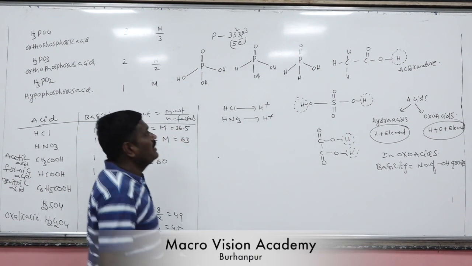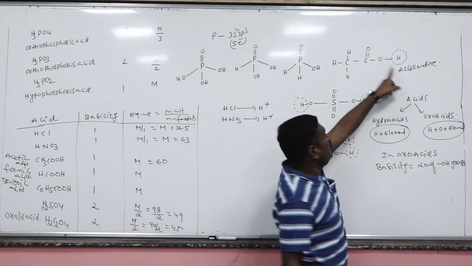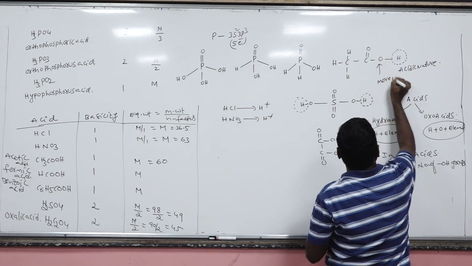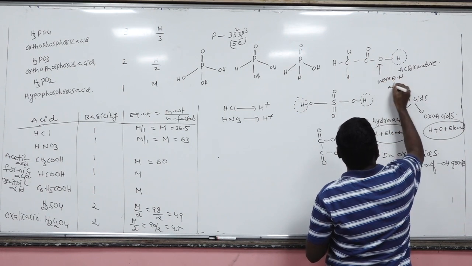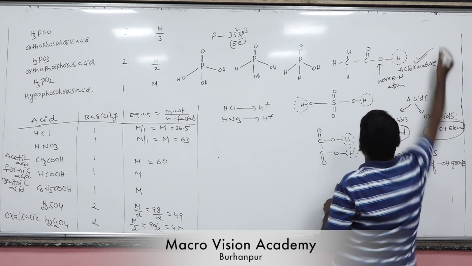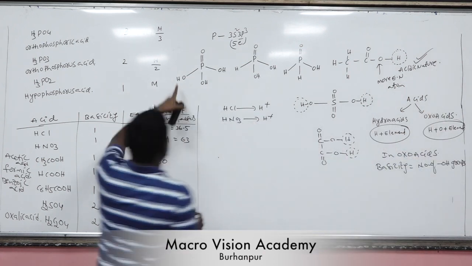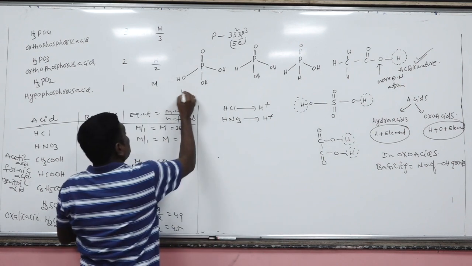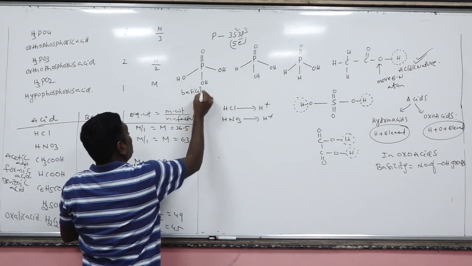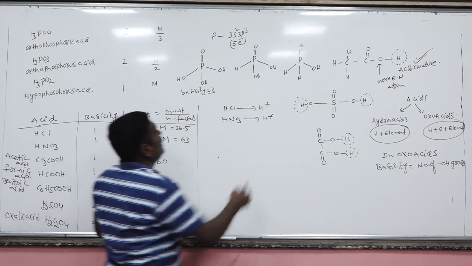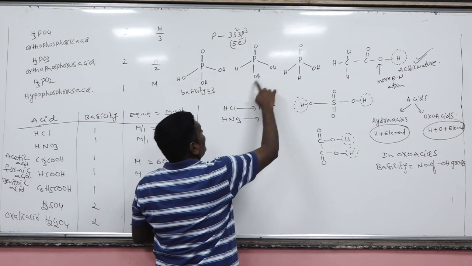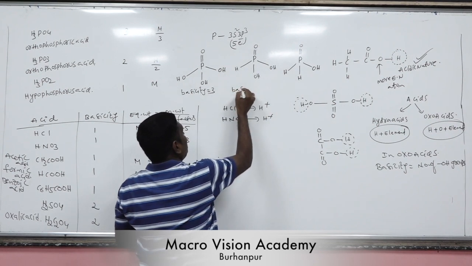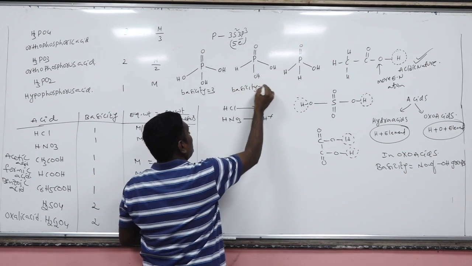Just now I told you the hydrogen which is connected to a more electronegative atom is referred to as acidic in nature. So now tell me how many hydrogens are directly connected to oxygen? 3. So this is the tribasic acid. Now 2 hydrogens are directly connected with oxygen, so these 2 hydrogens are acidic in nature. That's why the basicity is equal to what? 2.